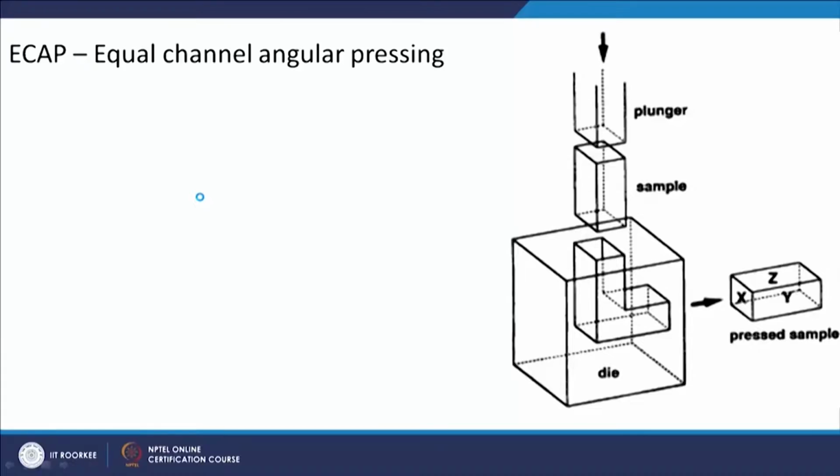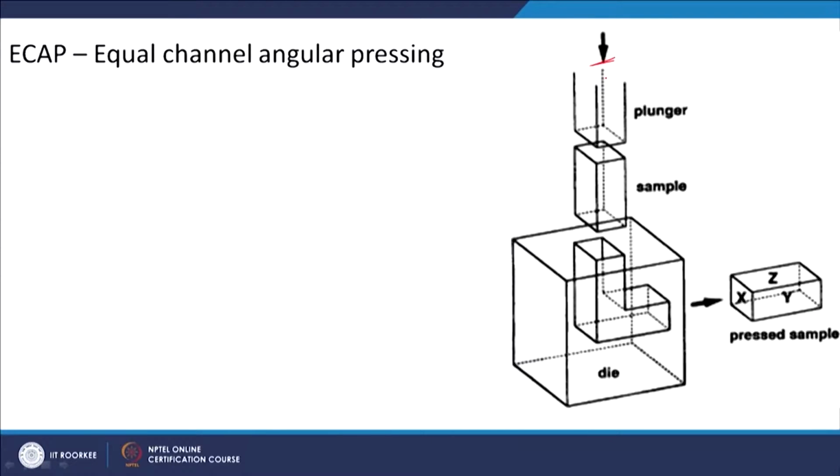The first and very popular process where people want to impose a lot of strain in the material is called equal channel angular pressing. Again, the idea of not changing the cross sectional area can be seen here, because as the name suggests, it is equal channel, so the channel size has to be equal.